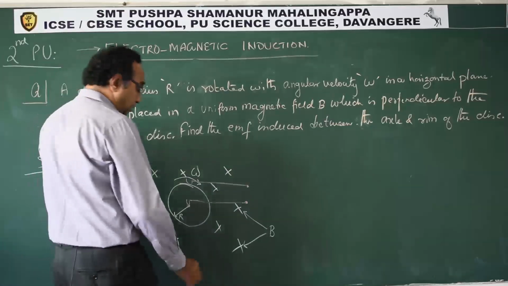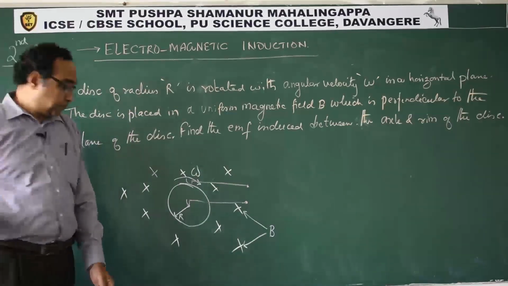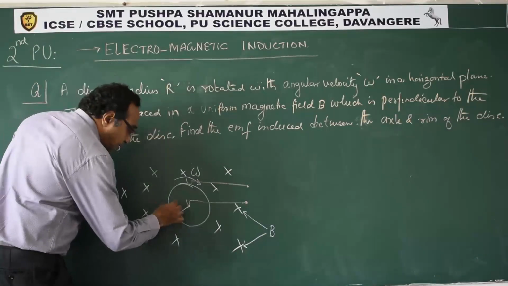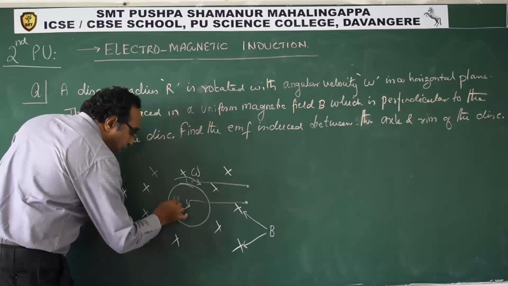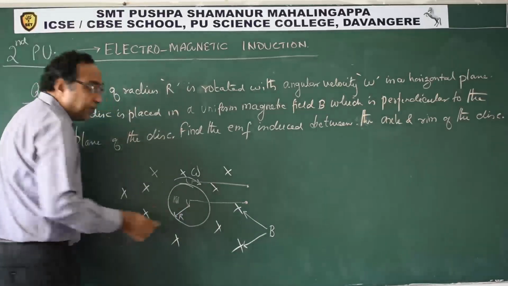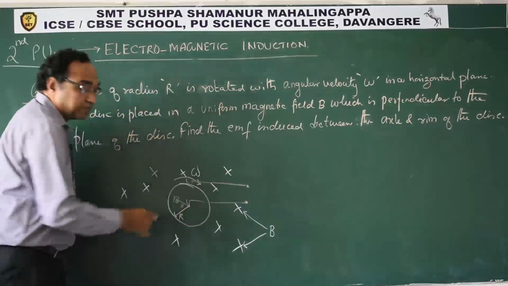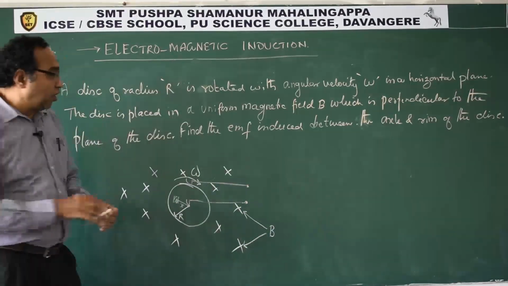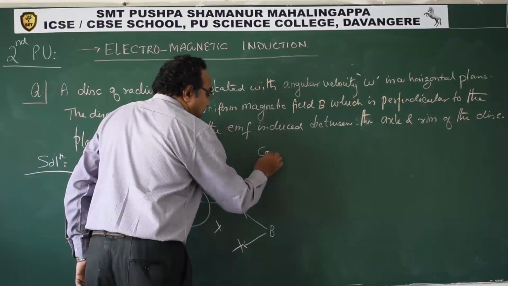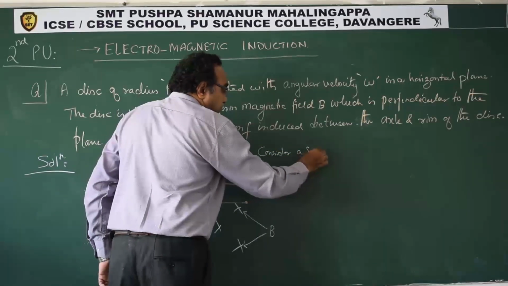Now, how to find out? In order to find out the induced EMF, let us take one small element of the disc, which is at a distance of x.